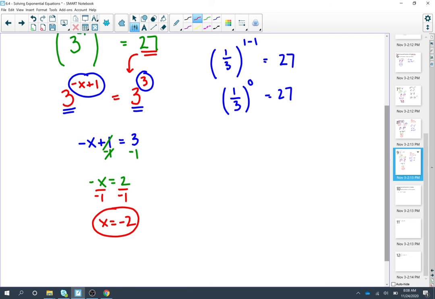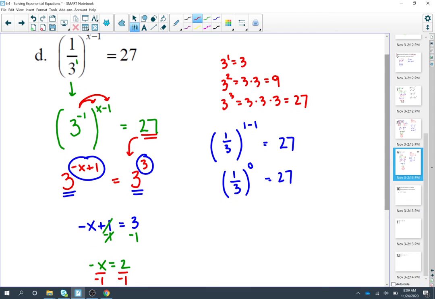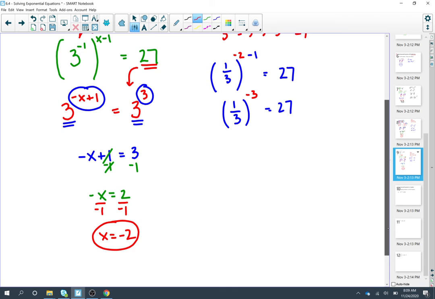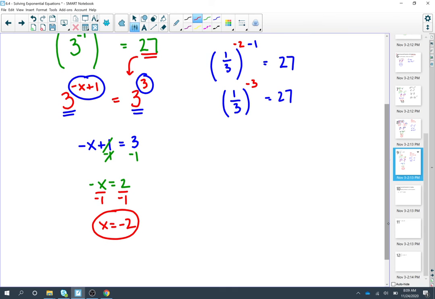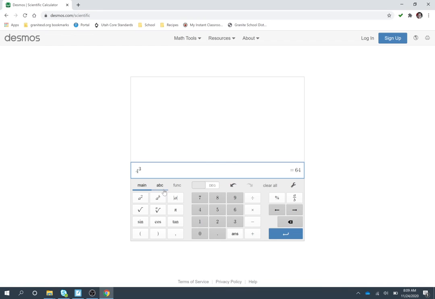Okay, let's go check this and see how this works out. Okay, so 1/3 to the negative 2 minus 1, which is going to get me 1/3 to the negative 3. Okay, now for the sake of simplicity, I really want 1/3 to the power of negative 3 to be 27, so let's just go check that.